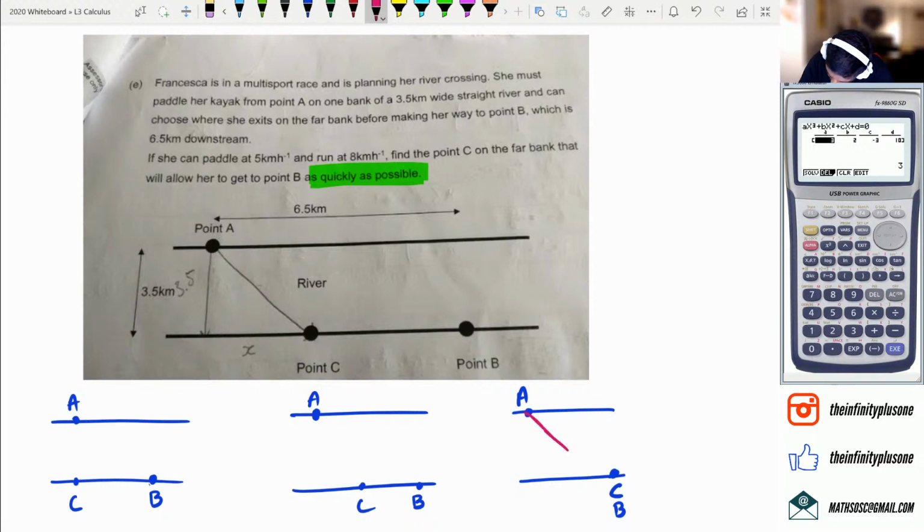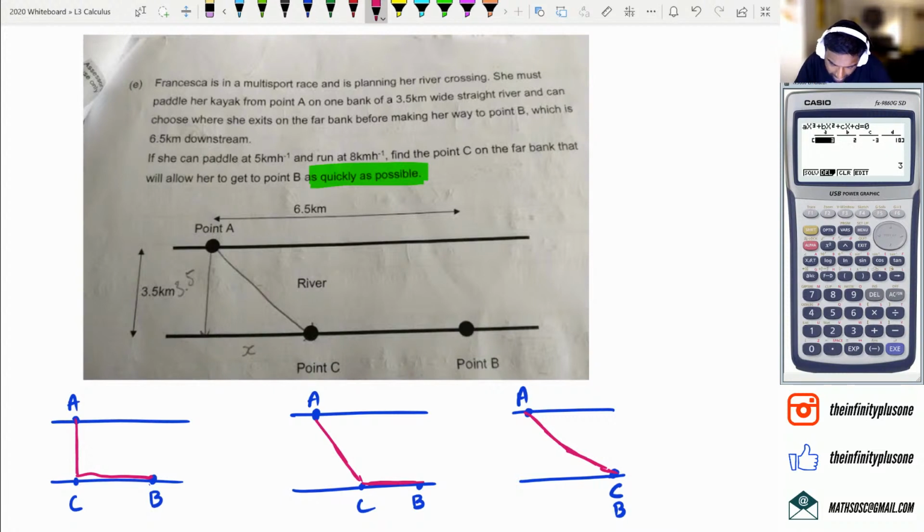Just give me 1 second. I'm just going to explain to you guys what's happening here. So basically the situation is this, right?